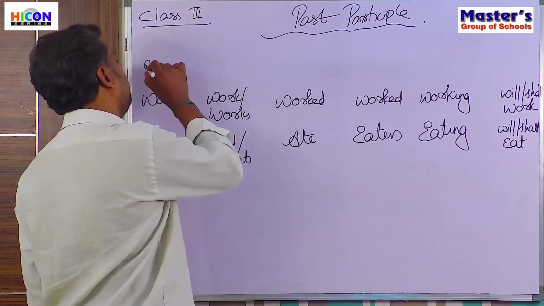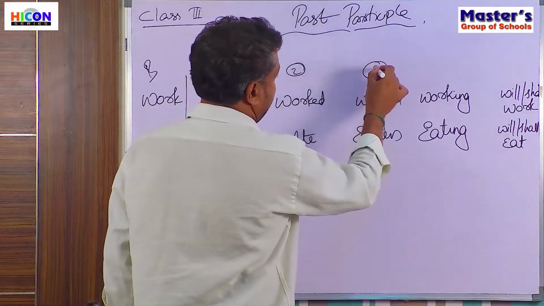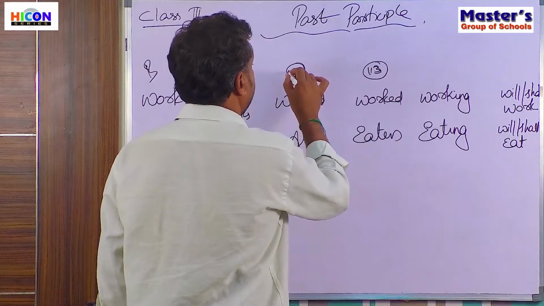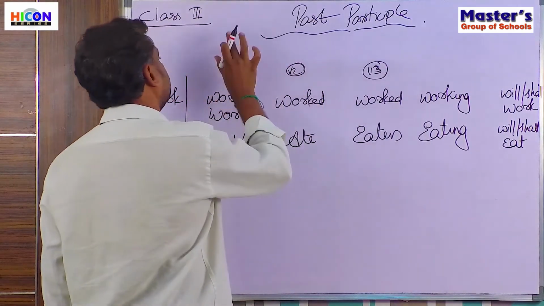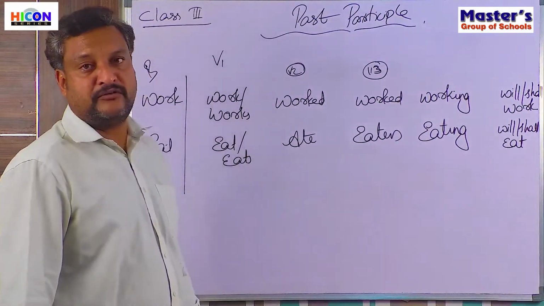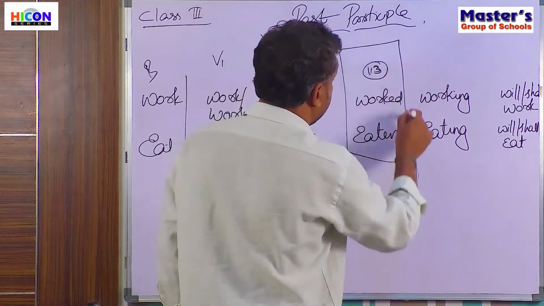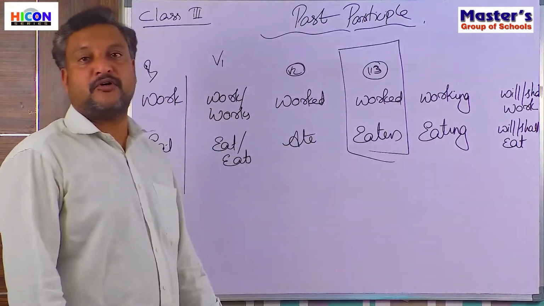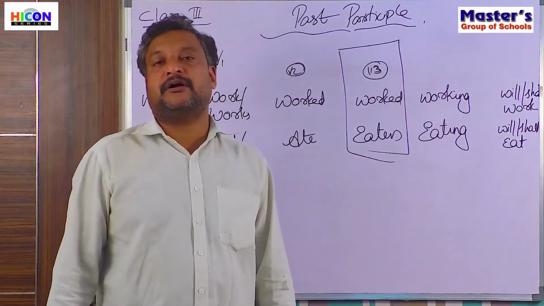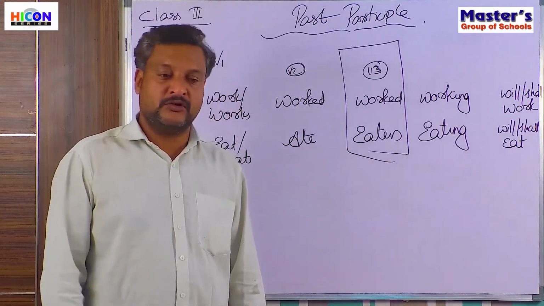This is the base form. This is 1. This is 2. This is 3. V1, V2 and V3. This is the past participle form of the verb. So, past participle form of a verb is nothing else but the third form of the verb.